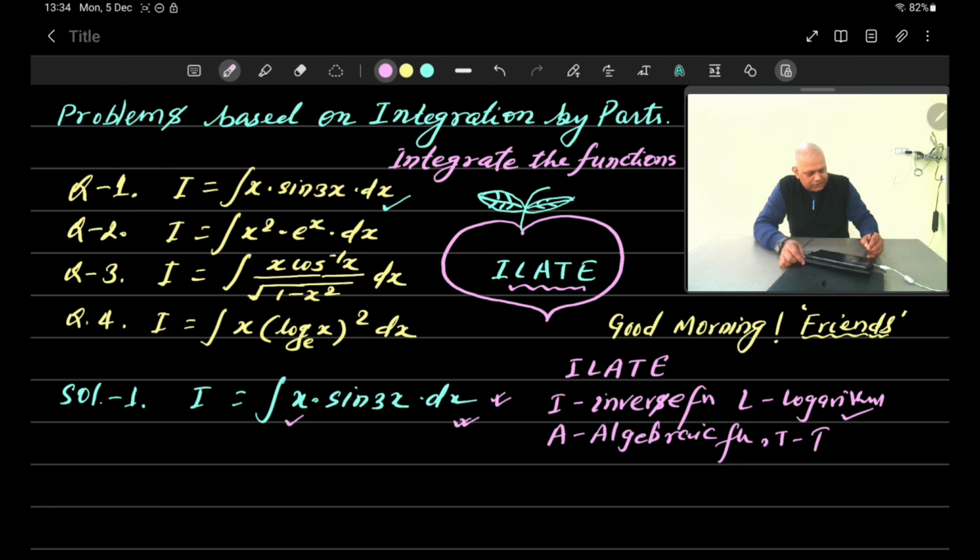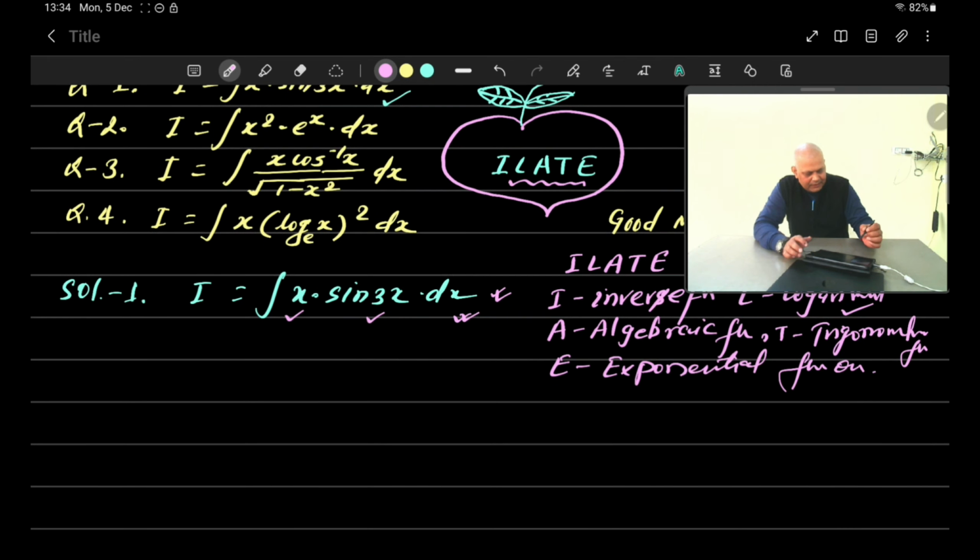T for trigonometric function, and that is also here. And E for exponential function. So my friends, we have to use this concept.